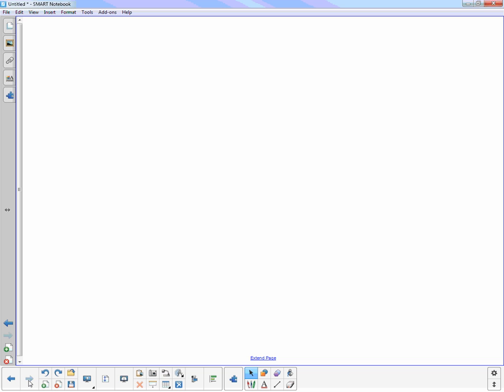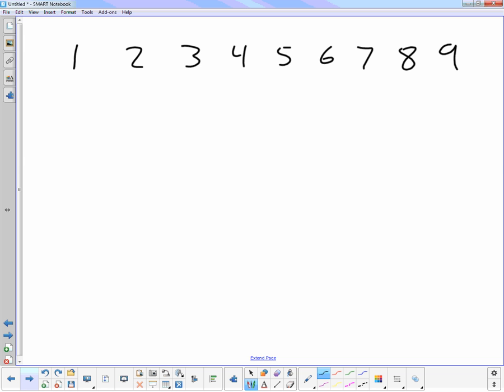Here's a good one. I got 9 boxes labeled with the numbers 1 through 9. And there are 5 people. And everyone's allowed to take a box.